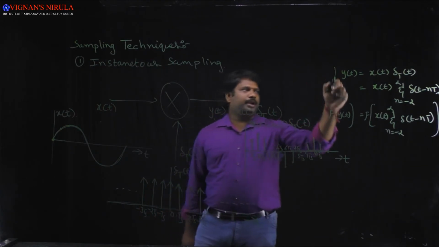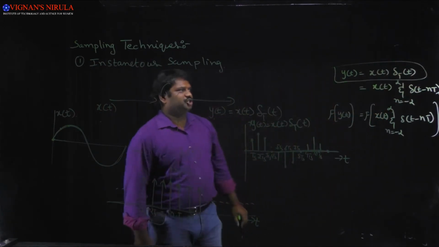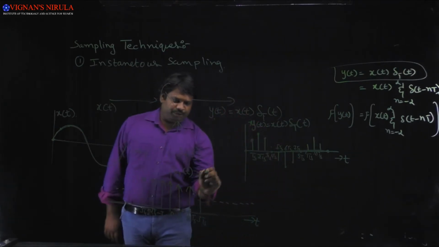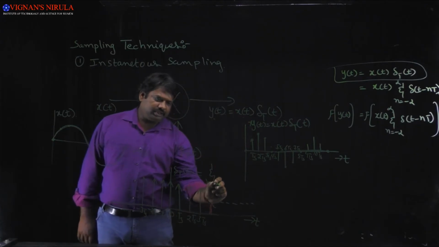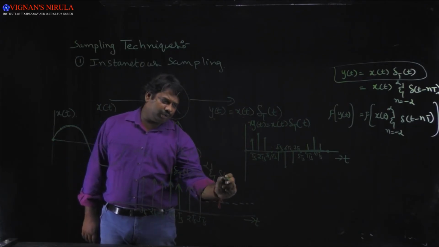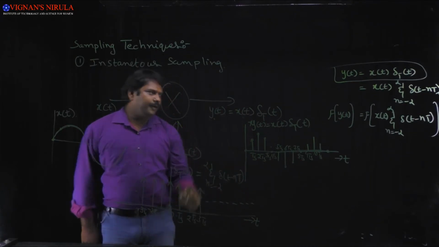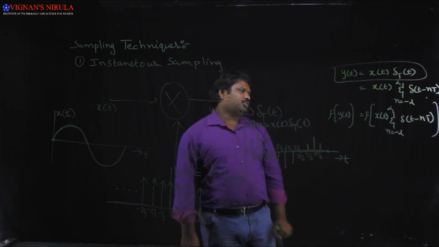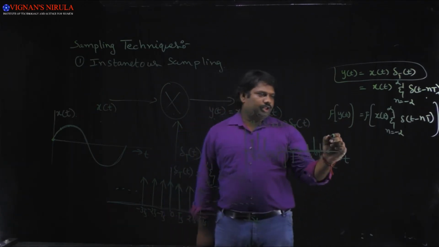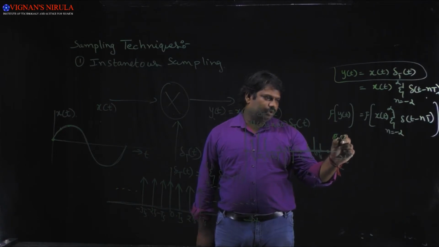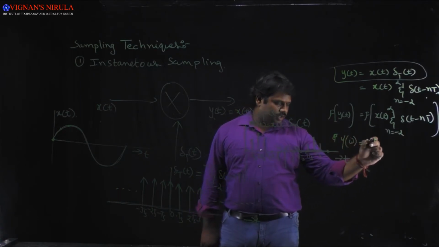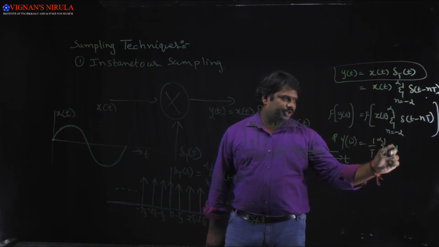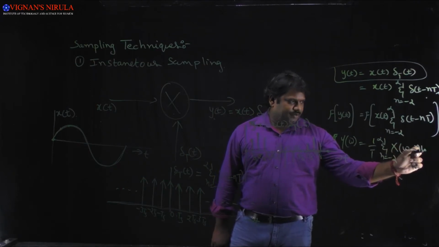Generally, this y of t is given by the multiplication of x of t and the train of impulses function. And this train of impulses function, as we know, is always written as the summation from minus infinity to infinity of delta of t minus nts. Taking the corresponding Fourier transform of the entire thing, we get the expression y of omega equal to 1 by ts times the summation, n varying from minus infinity to infinity, of x of omega minus n omega s.